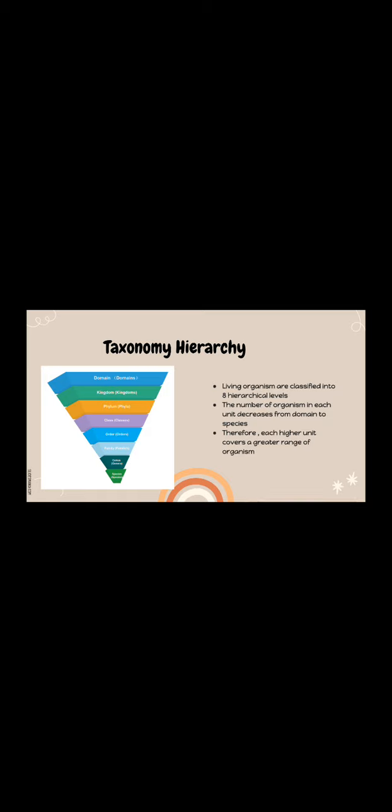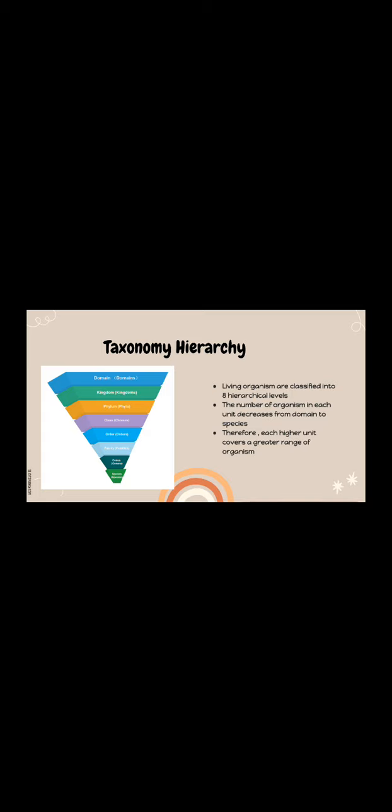Alright, we move on to taxonomy hierarchy. Living organisms are classified into 8 hierarchical levels. The number of organisms in each unit decreases from domain to species. As you can see here, domain is the highest taxonomic rank of organisms in the hierarchical biological classification system. Each kingdom is divided into smaller groups called phylum.